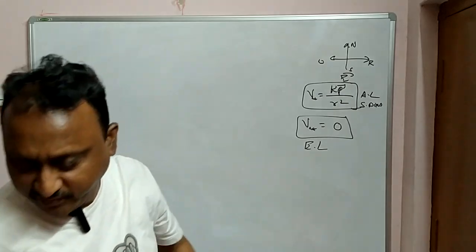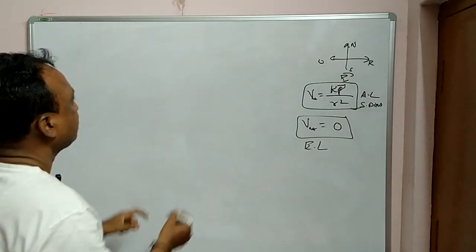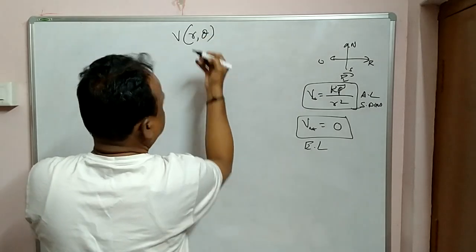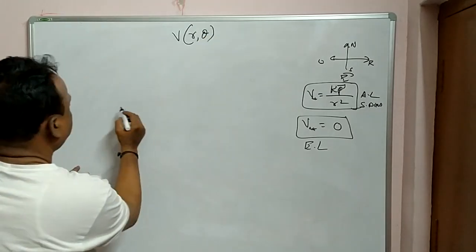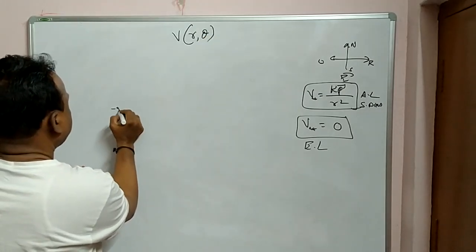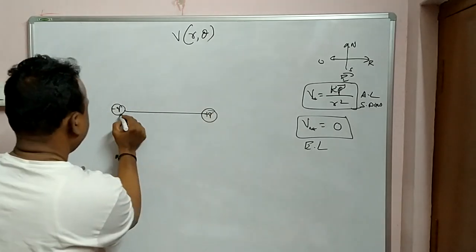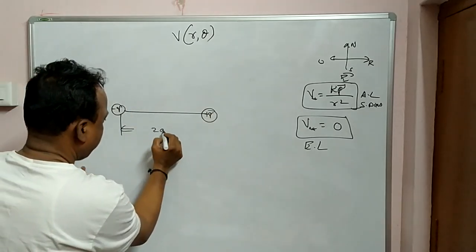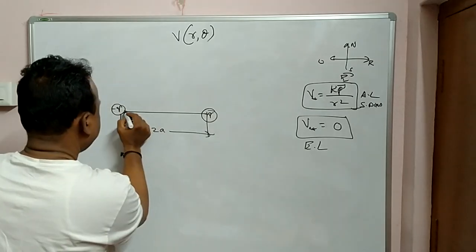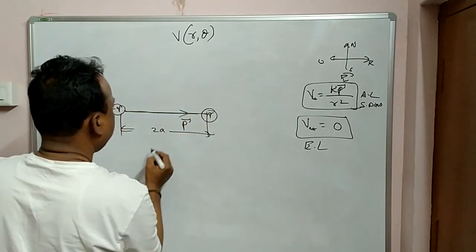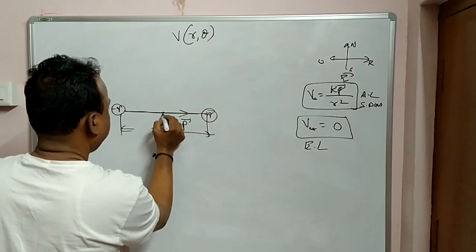In the same fashion you can calculate at any angle, V at r, theta. For example, this is your negative charge, positive charge, separation 2A, and this is the direction of the electrical dipole. Suppose this is the midpoint.